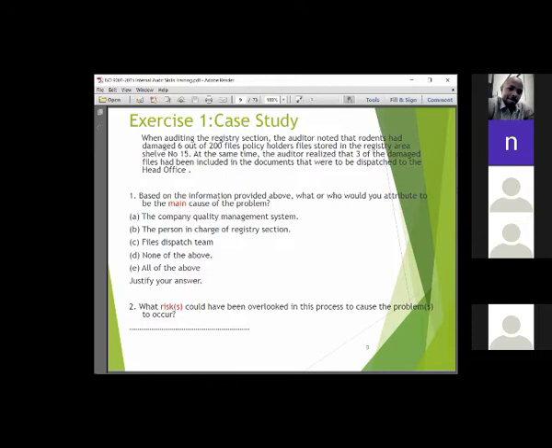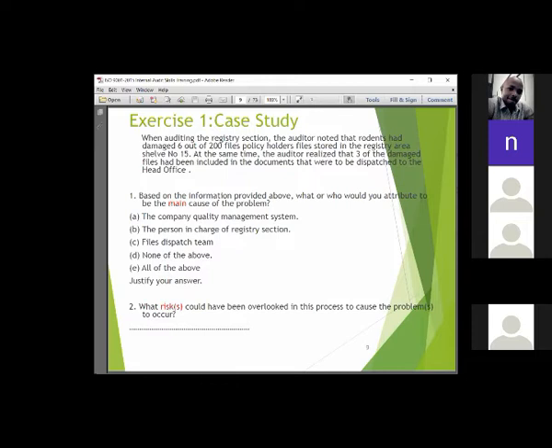So normally, yes, the person in charge of registry has a role to play, I believe, even in the files dispatch. But the main cause of the problem may be that there are no good systems put in place in the company or in the registry area to ensure that these kinds of things don't happen.